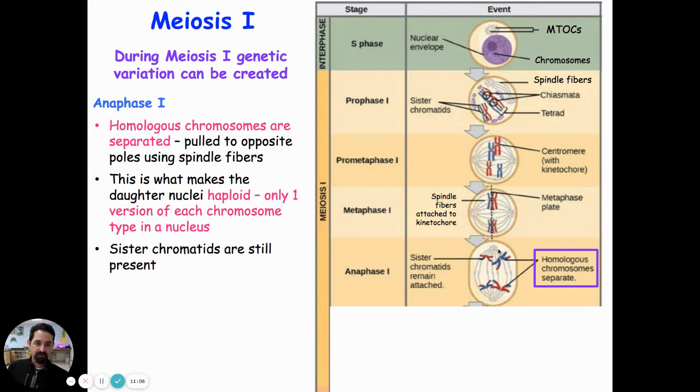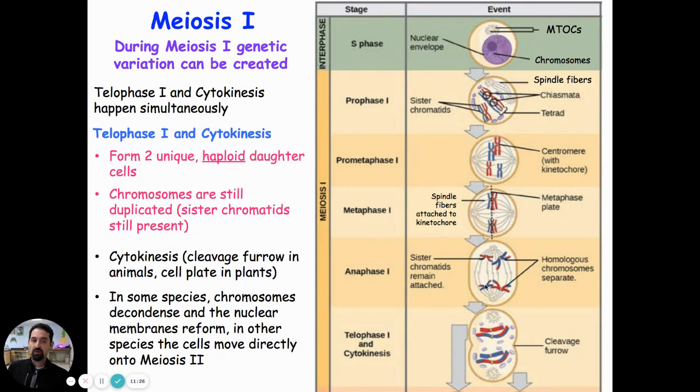So this is for our first chromosome pair, this is our second chromosome pair. We should have 23 pairs. Those get separated from their pairings, and that makes you haploid. But we still have sister chromatids, these copies of each other, which are not exact copies at this point. Then we go on to telophase and cytokinesis. So once again, that actually breaks apart.